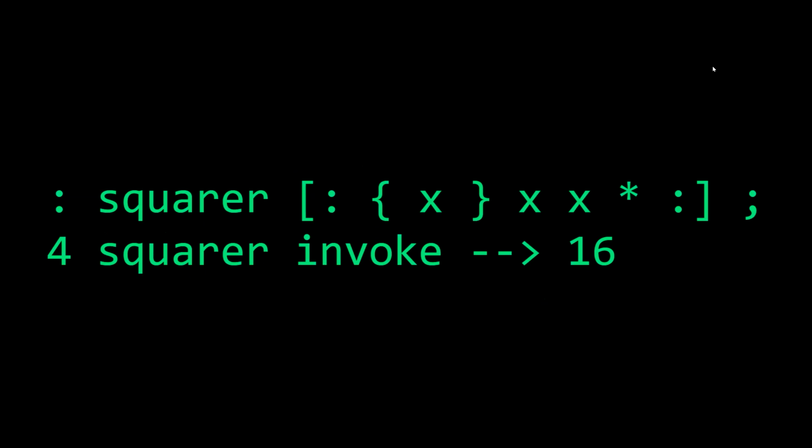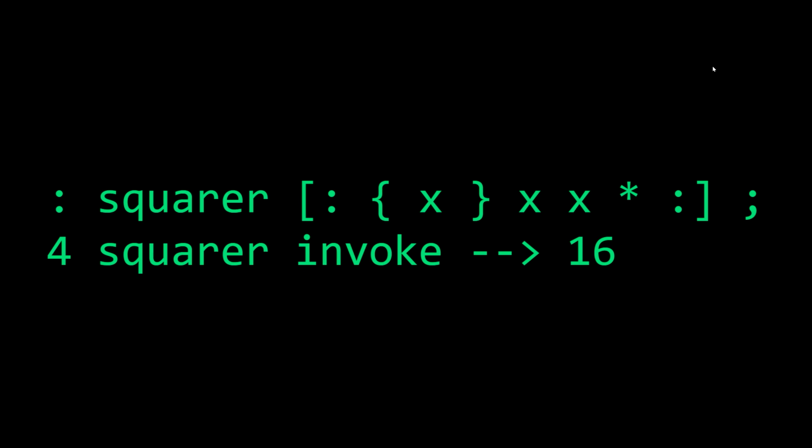So this is the syntax that I landed on, and we'll talk about how I was able to make this implementable. Suppose you wanted to have a word which returns the execution token for squaring a number. I introduced these bracket-colon words to surround creation of a closure, and then the content inside is the body of the closure.